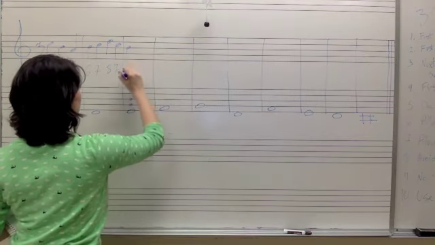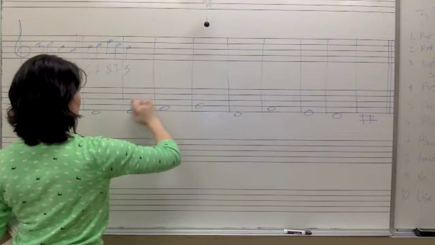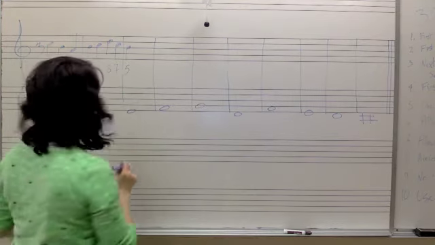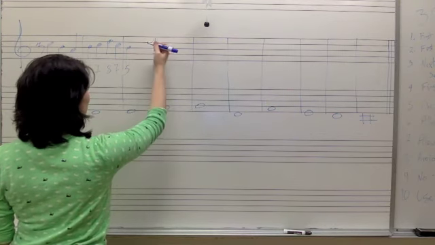So now we have to be careful not to have another 5th. And we can do whatever we want now, as long as it's not a 5th. And one of these two last beats is consonant.